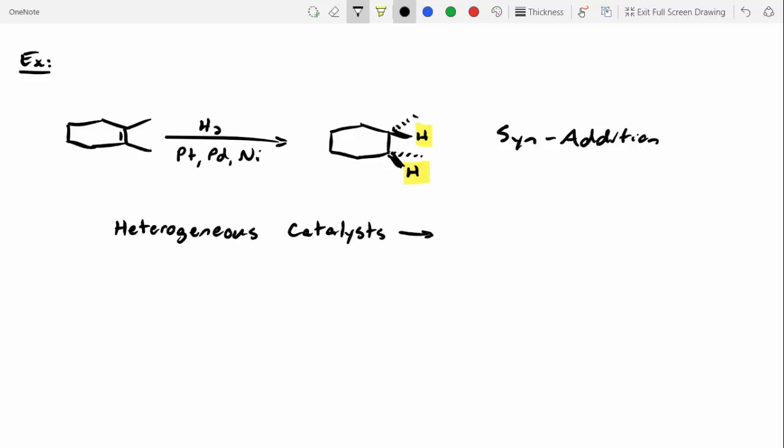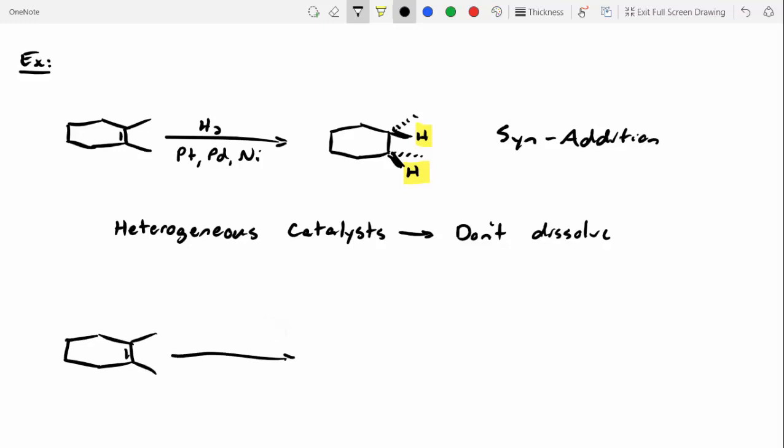Heterogeneous catalysts are a fancy word for catalysts that don't dissolve in solution. They stay suspended. But there are some other reagents where they do dissolve.